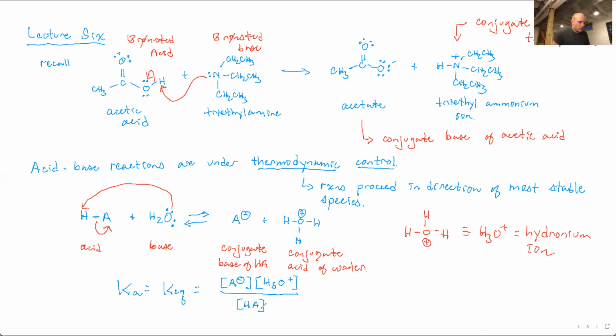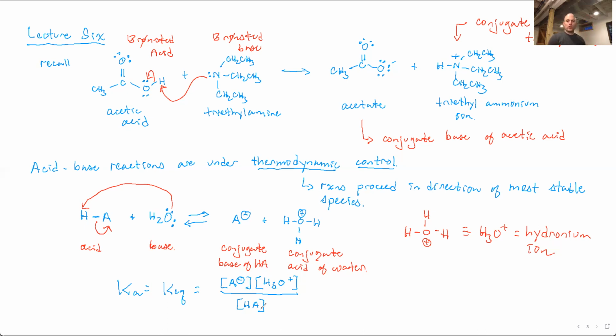Large Ka values mean that the reaction proceeds very far to the right. Small Ka values, less than 1, mean that it favors the starting materials. The dynamic range of Ka values is very broad.